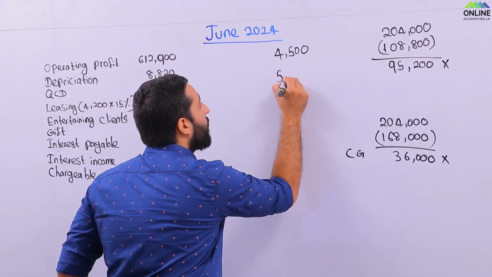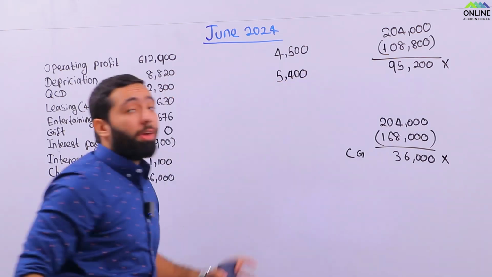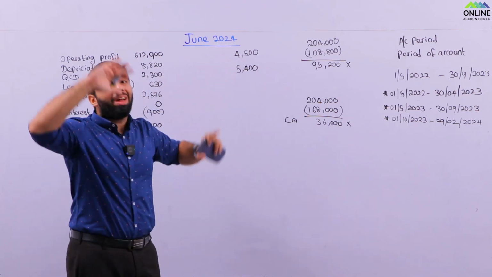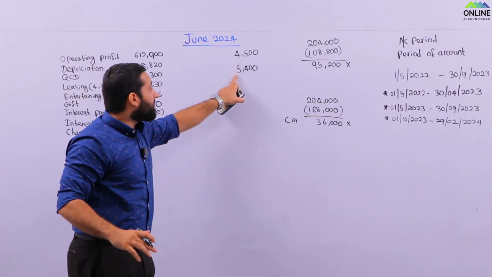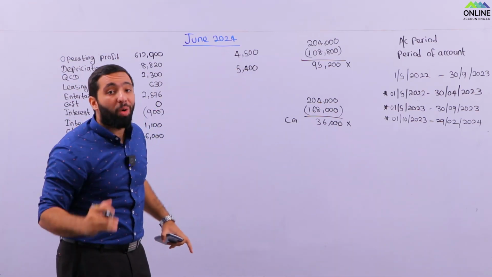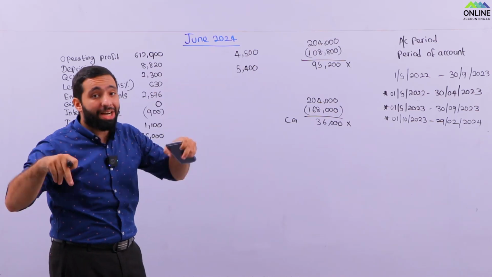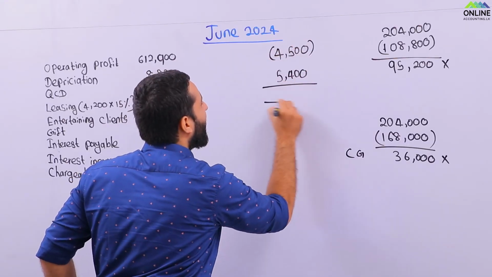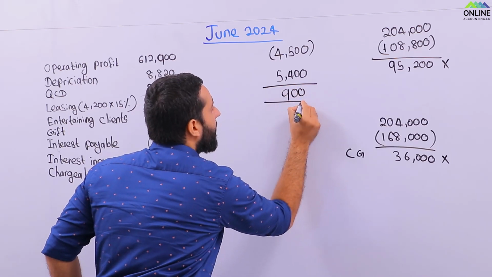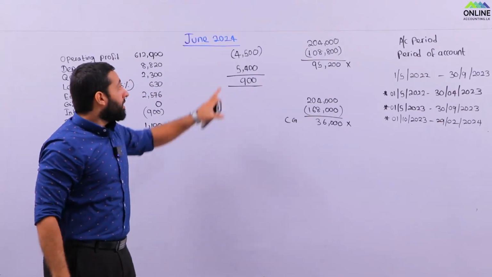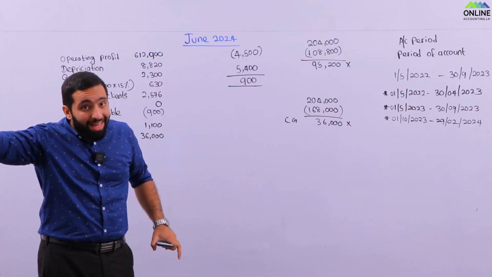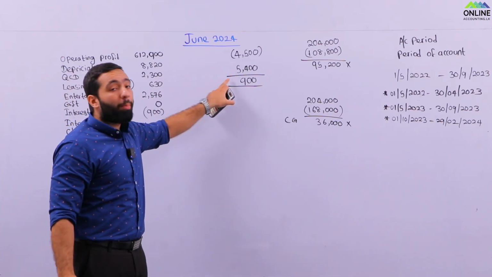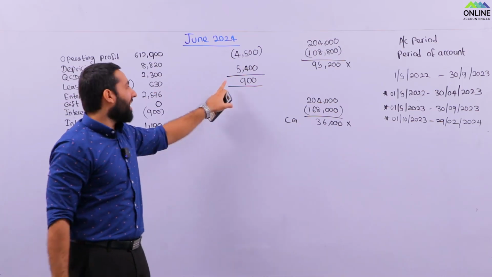They have paid 5,400 in this year. The 4,500 was related to the previous year, and 5,400 is the paid amount. What is the amount that is related to the current year? The current year amount is 900. I'm explaining this again. This amount is related to the previous year, this is the amount paid during the year, and what is relevant for the year is 900.